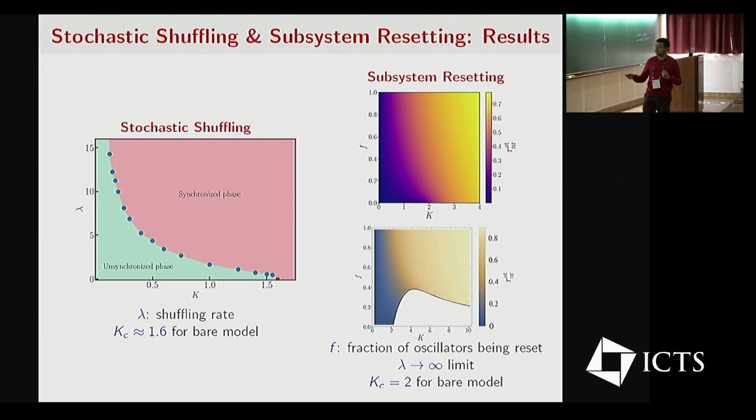But when I jack up lambda, this shuffling rate, then I see that indeed this critical coupling reduces, and it in fact approaches a small value, close to 0 as lambda goes to infinity. Okay. So indeed, I am able to achieve synchrony in the system, reduce the critical coupling by introducing this protocol of stochastic shuffling. So that is for this shuffling protocol.